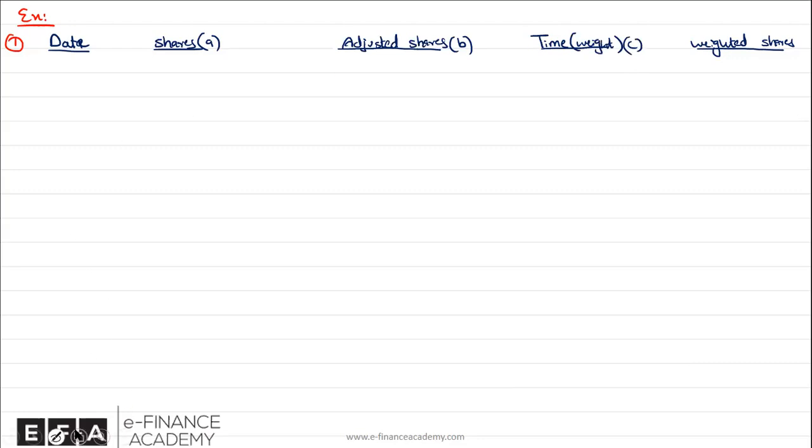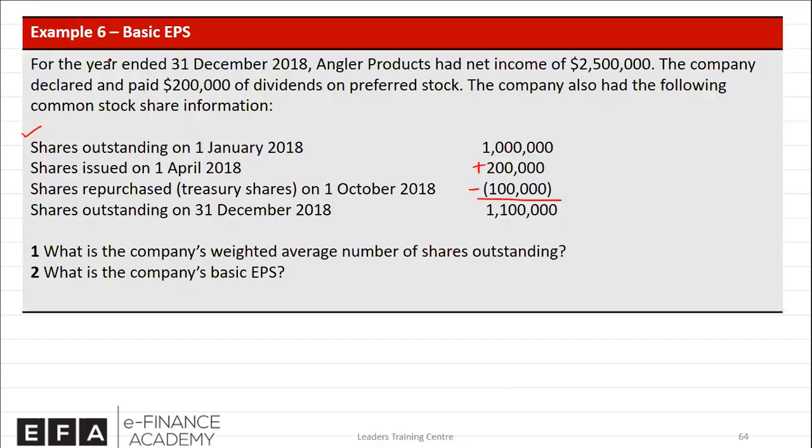All right, so here's how we are going to count the date or the time. If you notice the first transaction, which were shares outstanding at the beginning of the year, were 1 million shares, 1 million number of shares. So since these were outstanding on 1st January, what we are going to do is count that from the date until the end of the year. And the end of the year is 31st December 2018.